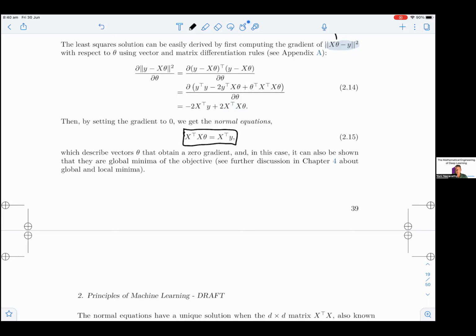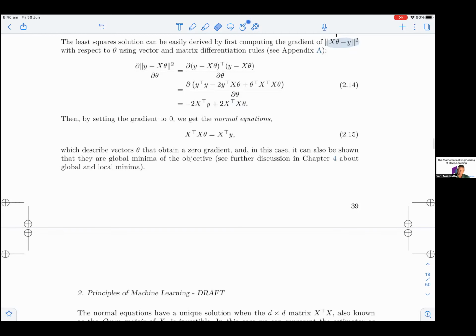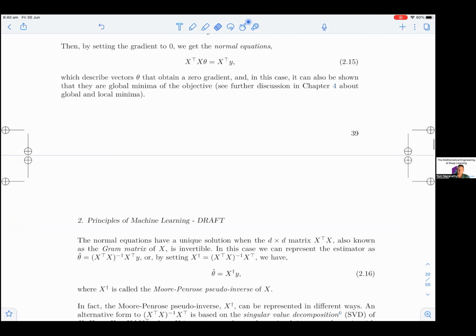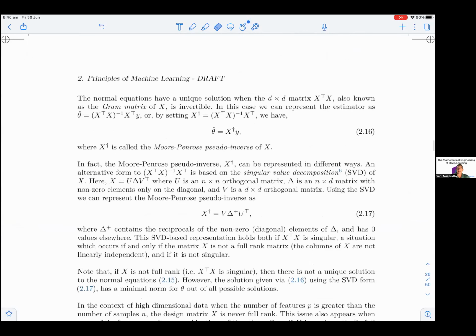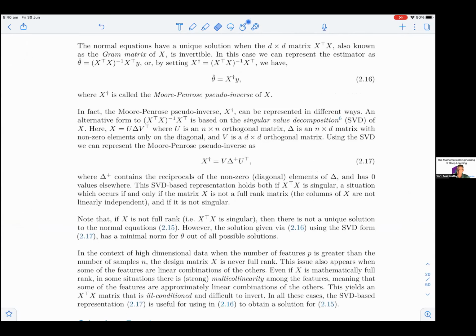Also, the objective is convex, and that's why the local minimum is also global. The normal equations have a unique solution when the D by D matrix X transpose X, also known as the Gram matrix of X, is invertible.